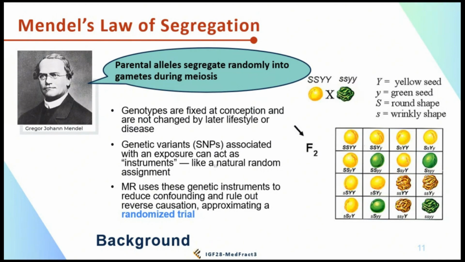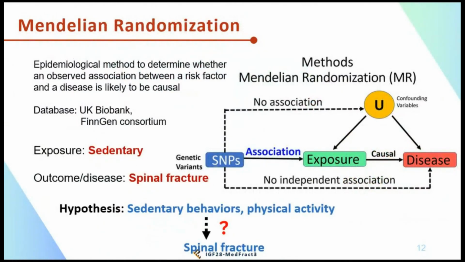Why? Because genotypes are generally independent of most of the confounders and cannot be changed by the outcomes. So Mendelian randomization uses these genetic instruments to reduce confounding and rule out reverse causation.